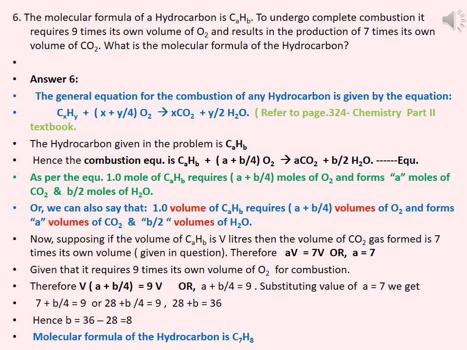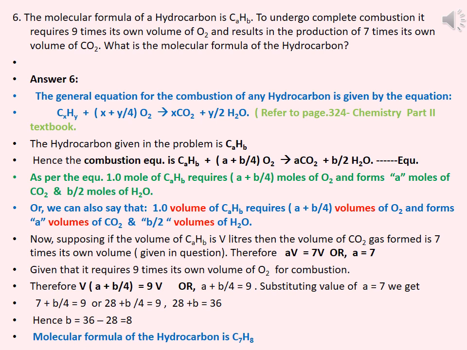In other words, what is the volume of carbon dioxide as per the stoichiometric equation? a into V. That is equal to 7 times V, because the volume of carbon dioxide gas is 7 times the volume of the hydrocarbon. So we have formed the equation aV is equal to 7V. Cancelling V we get a is equal to 7.